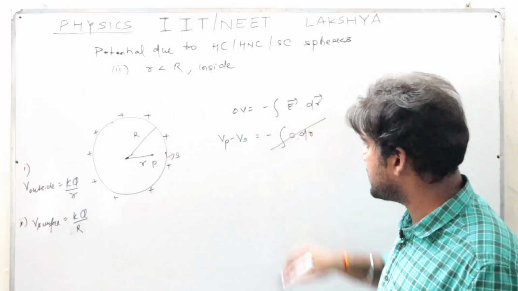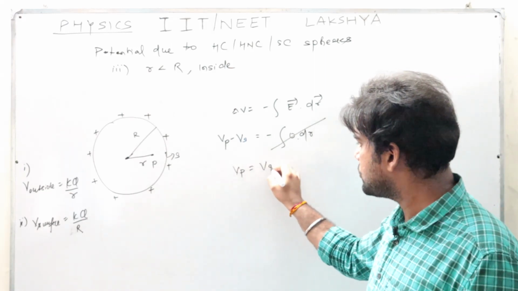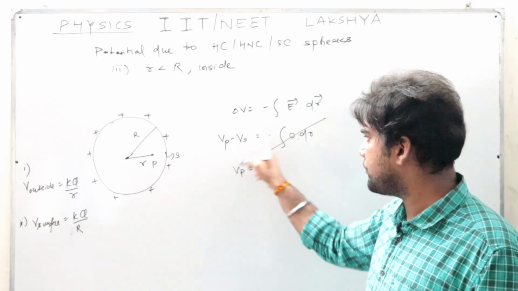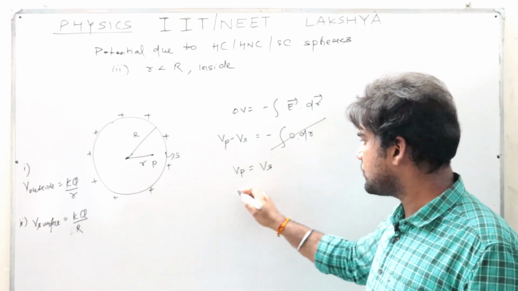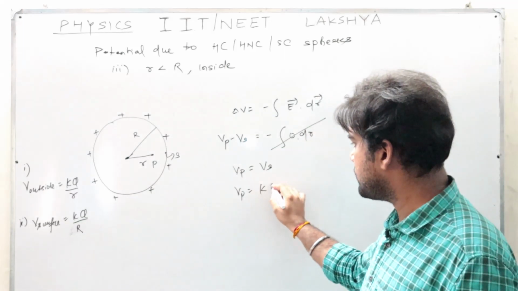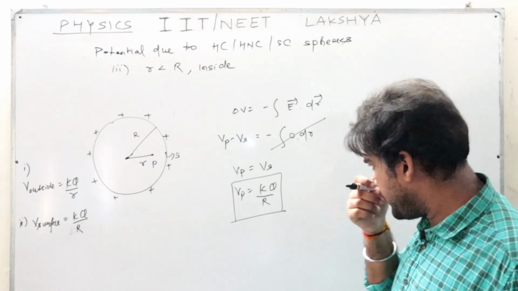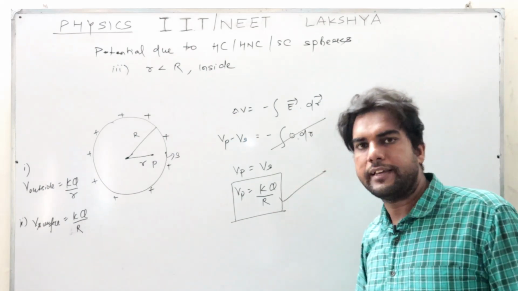So this entire thing becomes 0. So Vp becomes equal to Vs, so that the difference becomes 0. But we know Vs is kq by r, so Vp also becomes kq by r. So at any point P inside, potential becomes kq by capital R.